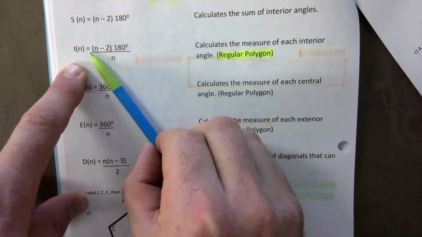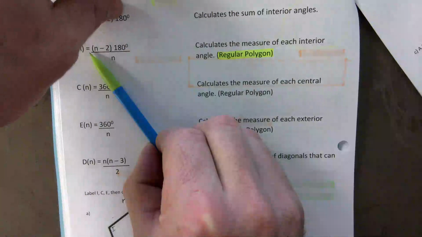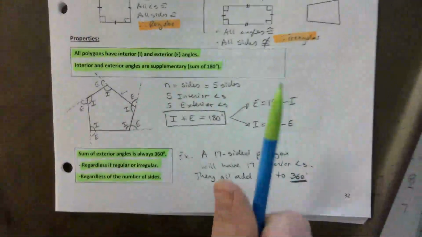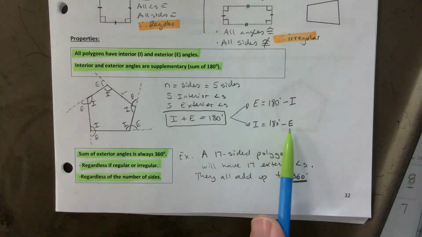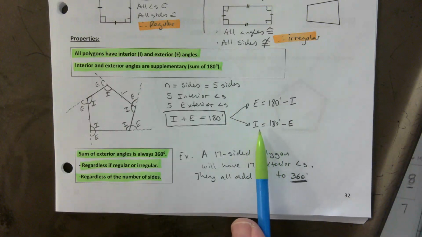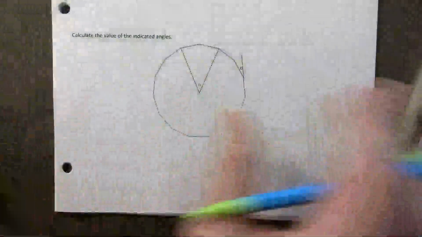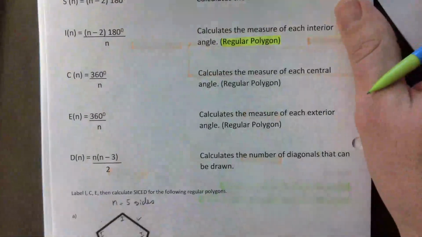There's this formula, but I just gave you another one. I don't know if you remember on the previous page. How else can you find the interior angle? You can use this one, right? So yes, that is still going to be the case. That doesn't change. So let's write those down. I will do that right underneath I here.